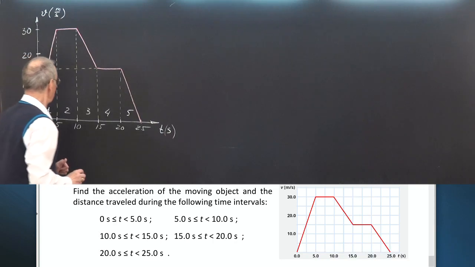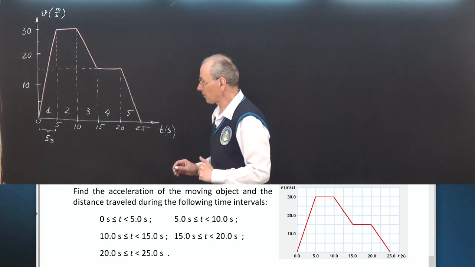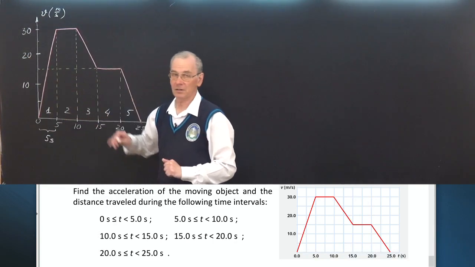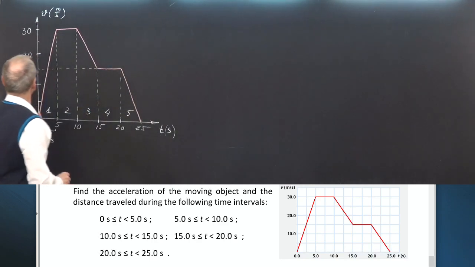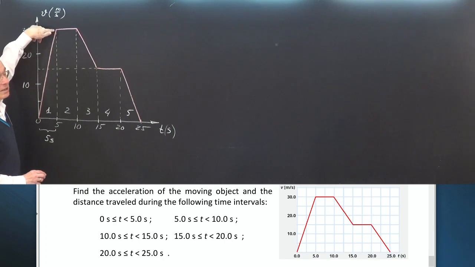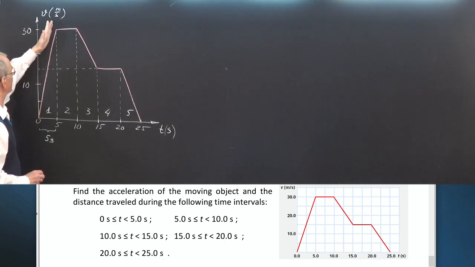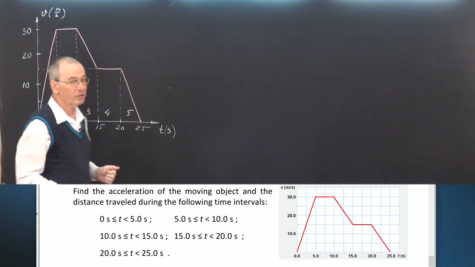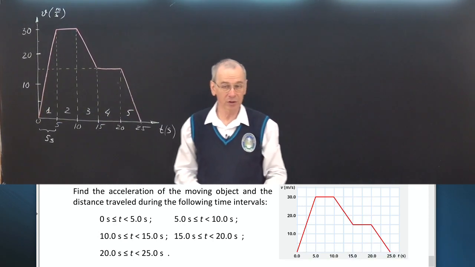So, if you consider the first interval, we can say that speed increases linearly. That is why we can say that this is uniformly accelerated motion.